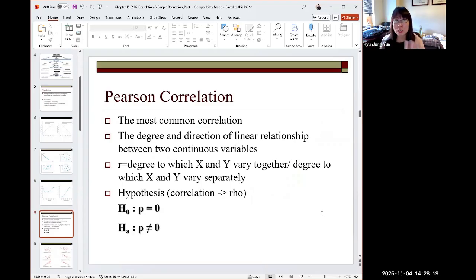But different statistical textbooks and sometimes different articles use these terms interchangeably, so I just try to expose you to the same thing with different terms. That is it, okay? So Pearson correlations, with the statistical notation, we use r, small letter r.